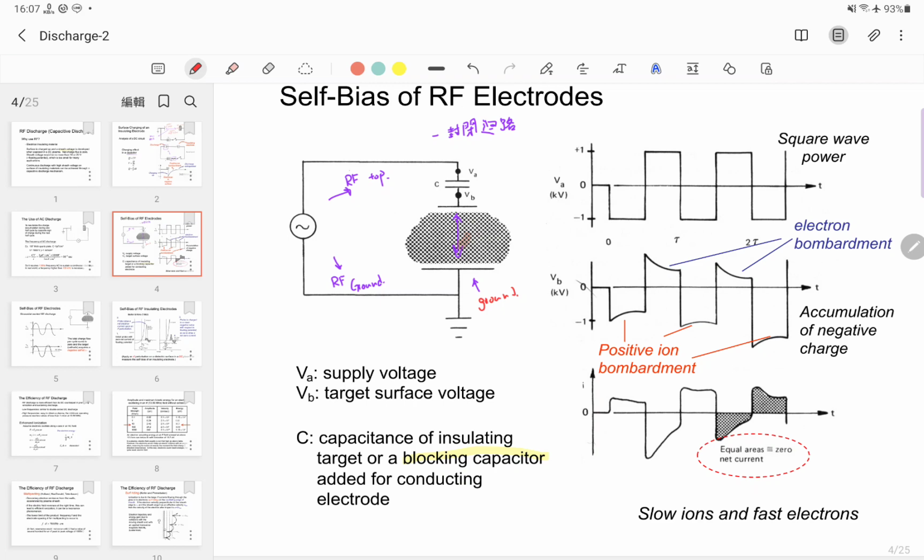In this half cycle, the top electrode is charged up positively, so the surface of the electrode will be bombarded by electrons.